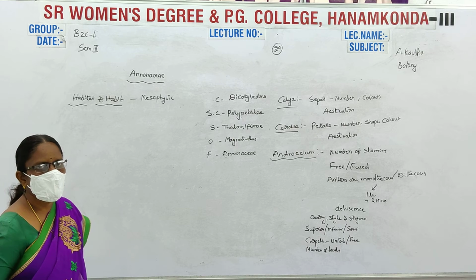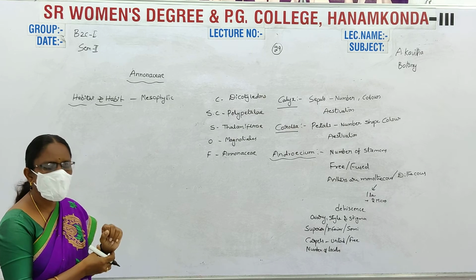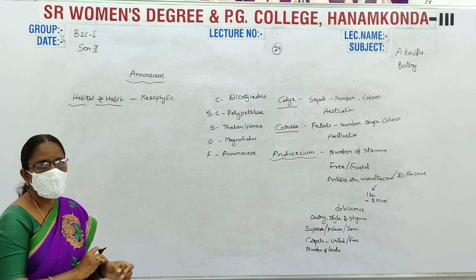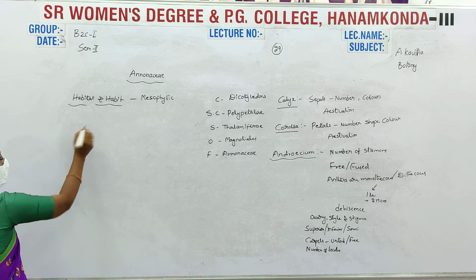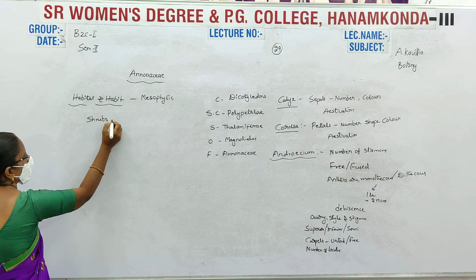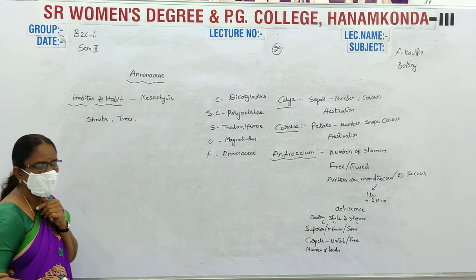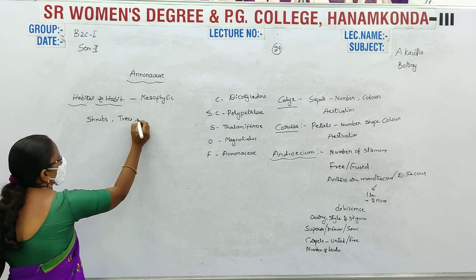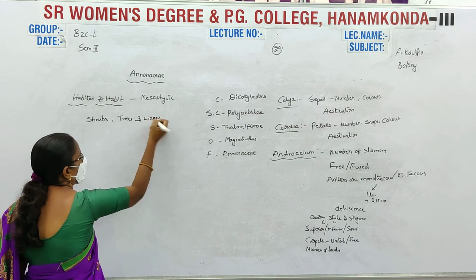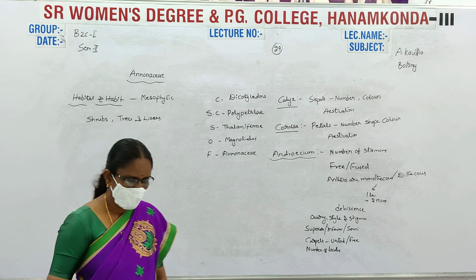In the Annonaceae family, herbs are mostly very few or absent. Shrubs, trees, and lianes are present.